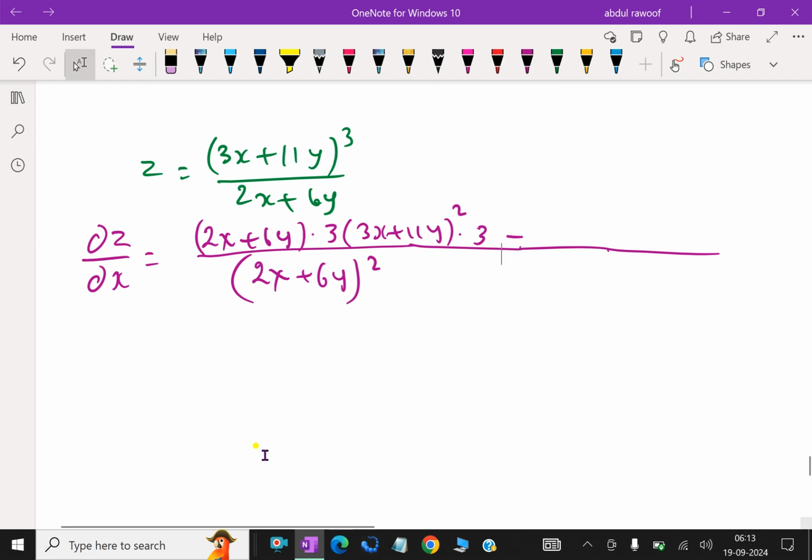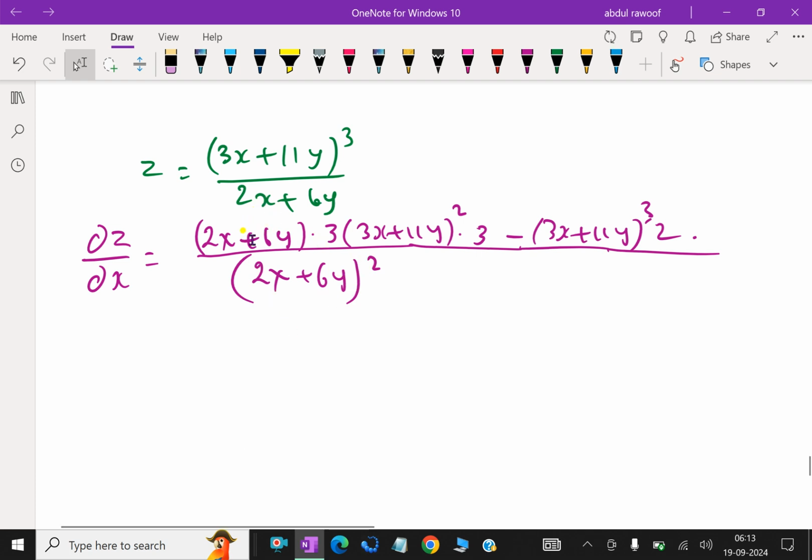then after that derivative of denominator. Numerator, this one is 3x plus 11y the cube, and derivative of that denominator with respect to x is into 2. Look at it one more time.